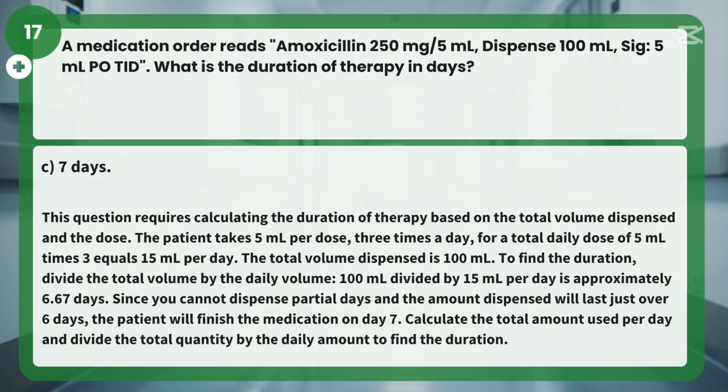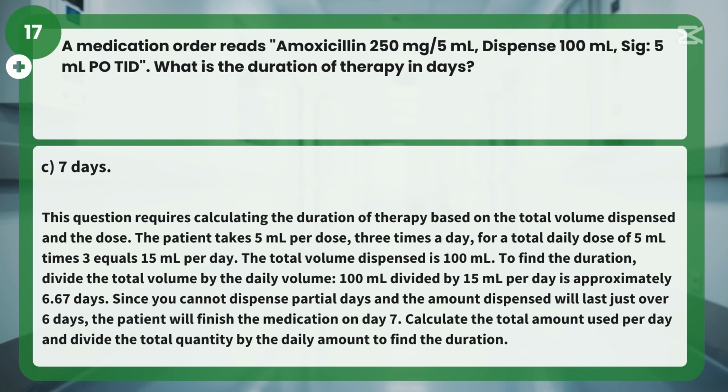Answer C. 7 days. This question requires calculating the duration of therapy based on the total volume dispensed and the dose. The patient takes 5 milliliters per dose, 3 times a day, for a total daily dose of 5 milliliters times 3 equals 15 ml per day. The total volume dispensed is 100 milliliters.